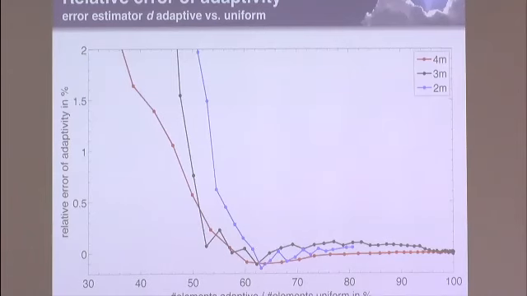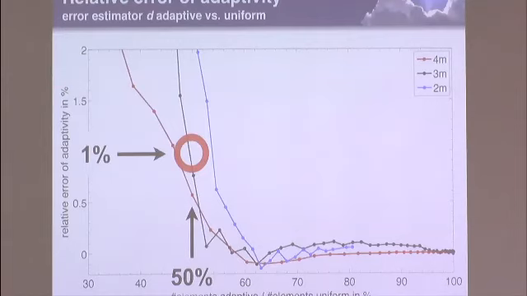And here you can see, as an example, I pick the 3-meter result. According to this plot, the additional error by using adaptive mesh refinement is smaller than 1% if more than 50% of the number of elements of the uniform 3-meter simulation are used.